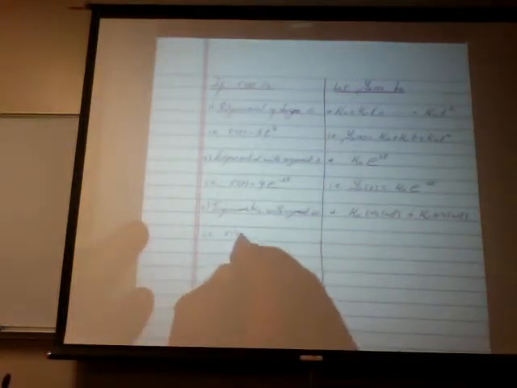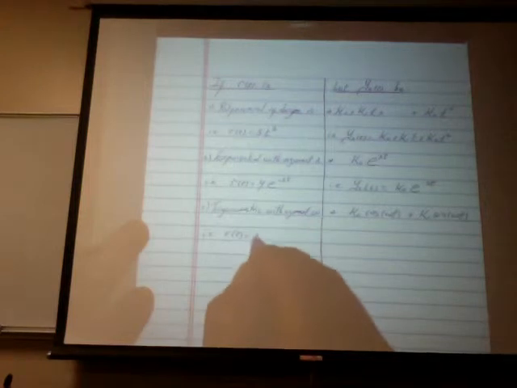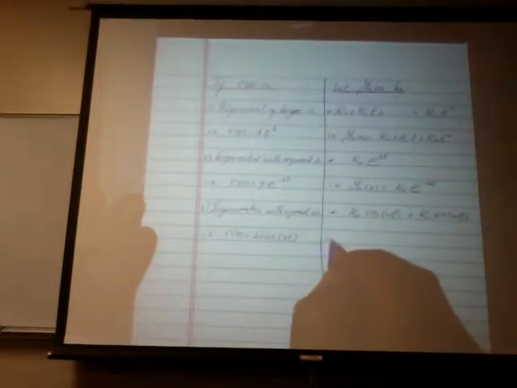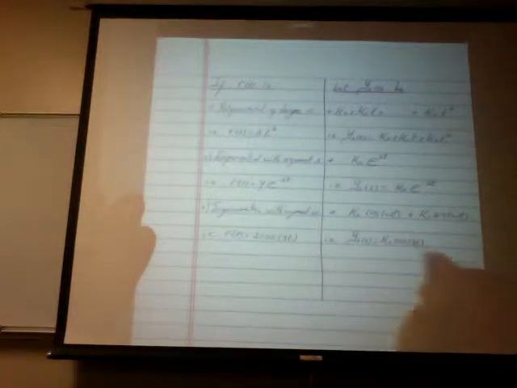For example, if r of t is given as twice the cosine of 3t, then you choose ys of t to be k0 times the cosine of 3t, keeping the same argument, plus k1 times the sine of 3t. So you have to use the two trigonometric functions, not just the cosine.